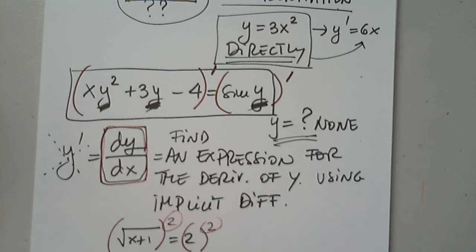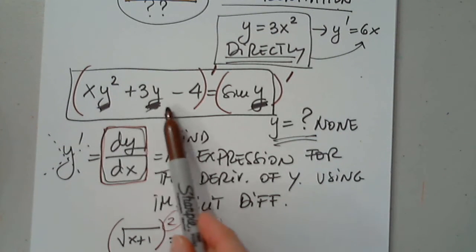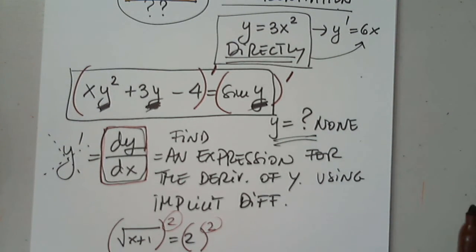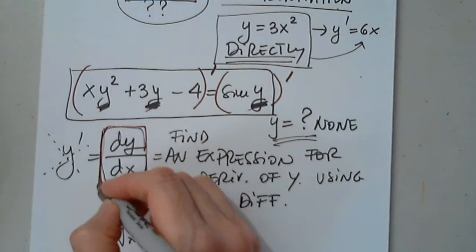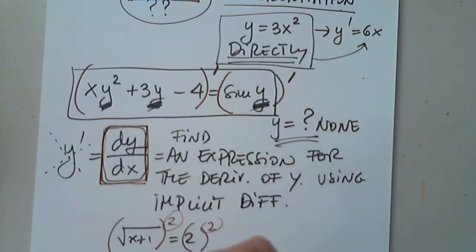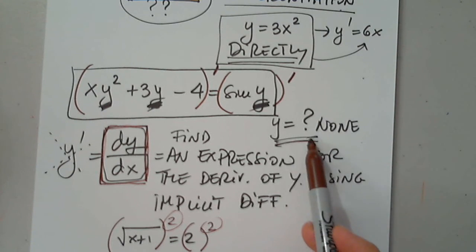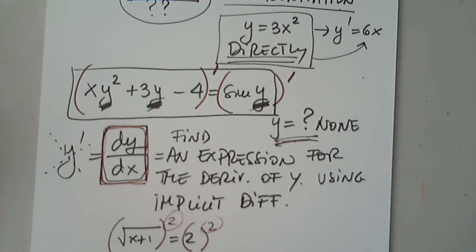You can say, yeah, but you're still going to have y in that expression. True. But I found an expression for the rate of change of that y that I don't even have. Okay.